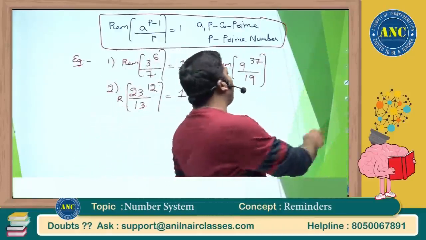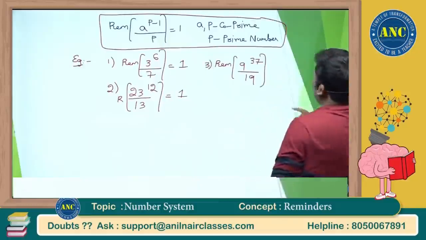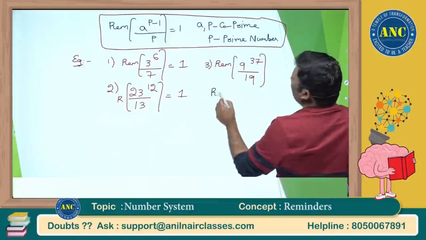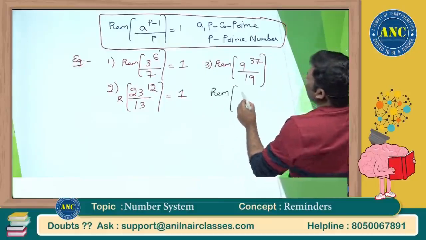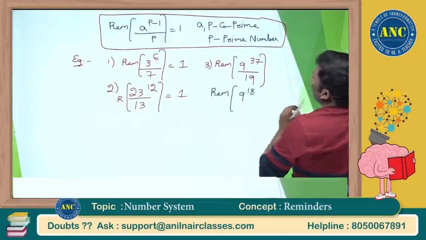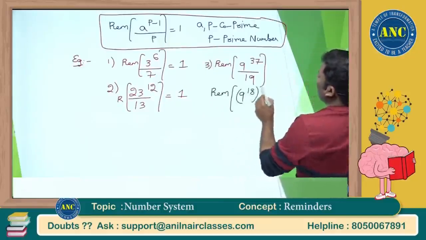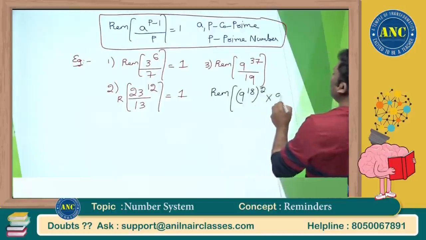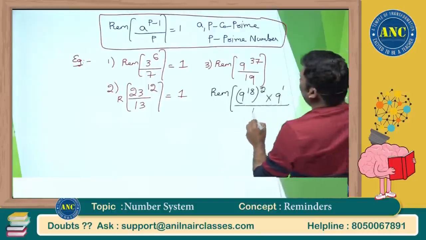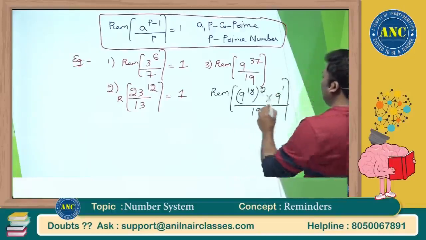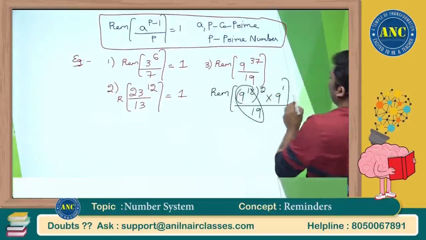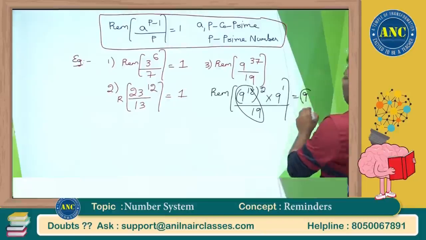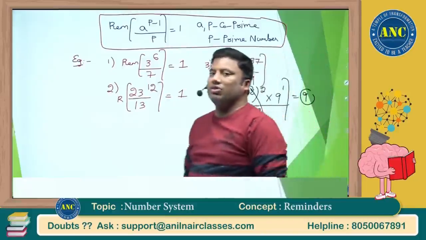But by using Fermat's theorem, directly you will get the answer. If the denominator is 19, 19 minus 1 is 18. 18 multiples till 37. 18 2s are 36. Remaining 9 power 1 divided by 19. These are nothing but 1. 1 into 9 is nothing but 9.